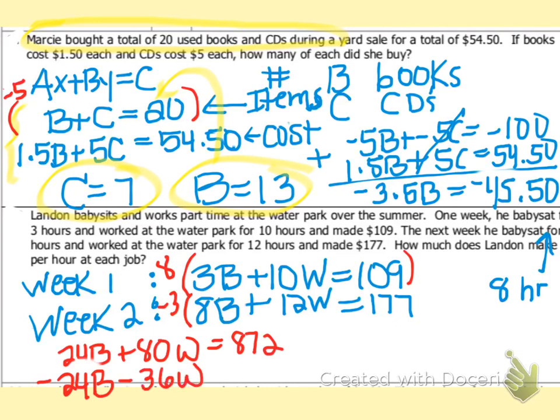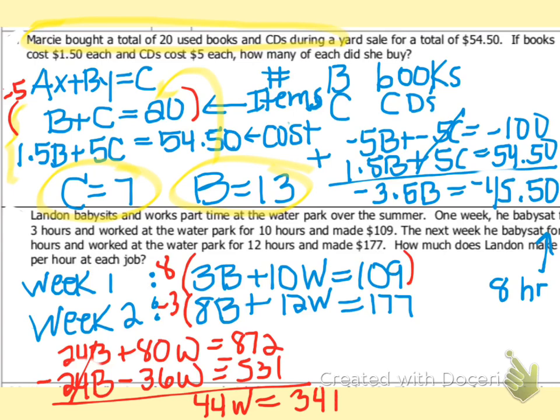And then 177 times -3 is -531. Now all we have to do is add the equations together. The B's, of course, will cancel. The 80 plus -36 is 44W. And the 872 plus -531 is 341.